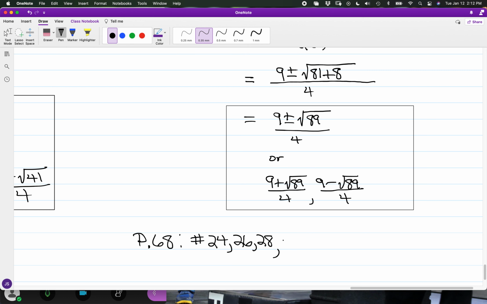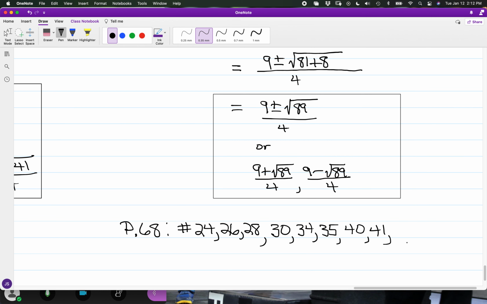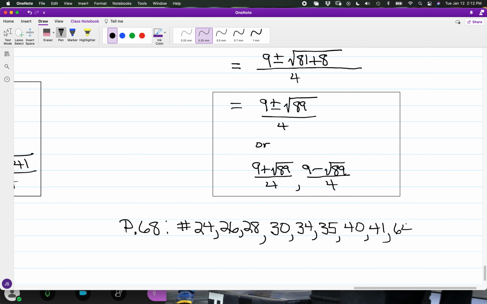Where the quadratic equations come in, we have numbers 30, 34, 35, and then just rounding out the rest, 40, 41, and also number 64.